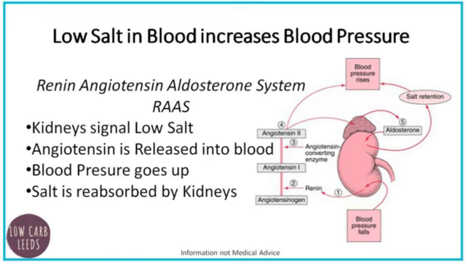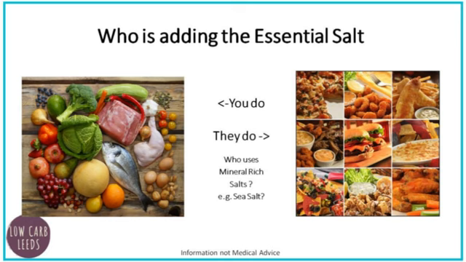So there's going to be a research review paper from Bjorn and myself and a few other players about this. Who's adding the salt? We have to remember that if we persuade people to eat real food and come away from the processed manufactured food, they become responsible for adding the salt in, which, as we know, is vital to good health.